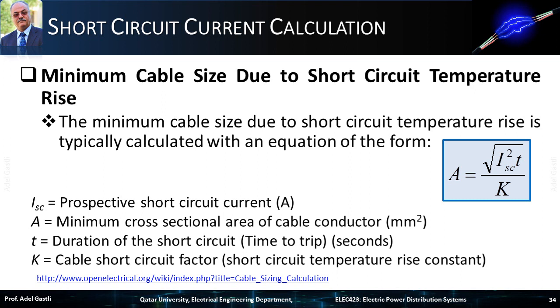A is the minimum cross-sectional area of the cable conductor, in square millimeters. T is the duration of the short circuit, the time to trip, in seconds. And K is the cable short circuit factor, or short circuit temperature rise constant. Note that the term, squared short circuit current ISC multiplied by time t, is equivalent to the short circuit energy.